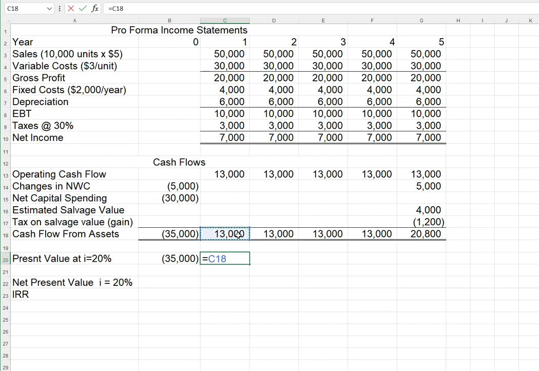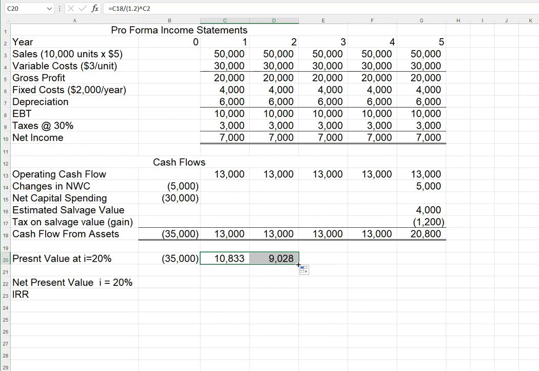Take our $13,000 divided by 1 plus the interest rate, which in this case was 20%, so 1.2, to the first power, because we're discounting it back 1 period. The present value of that $13,000 discounted back at 20% for 1 year is $10,833. The $13,000 in year 2 discounted back at 20% is $9,028.